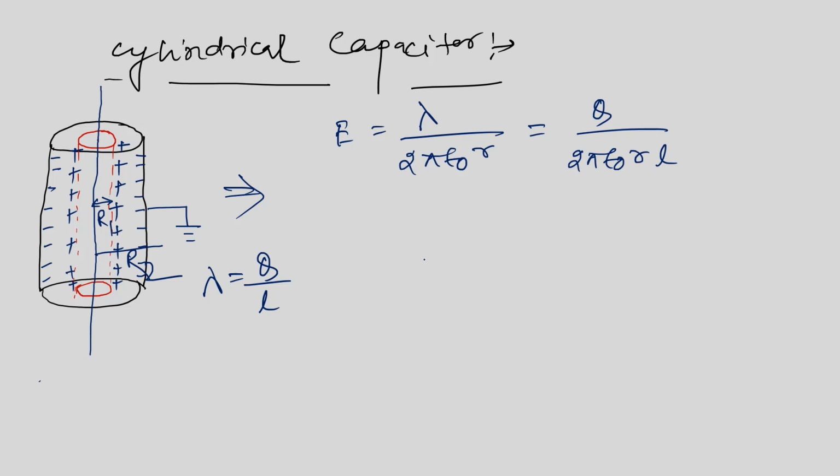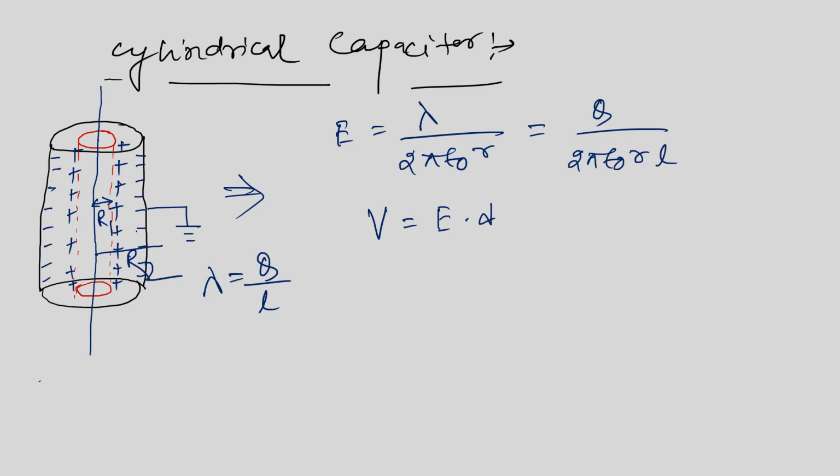So what is the potential difference between the two plates? We have to study that one. Now to find the potential difference, we'll multiply by a smaller component of the radius. We know the relation that electric potential is equal to the electric field multiplied by the distance between the charges.